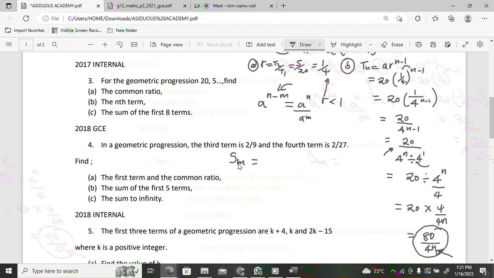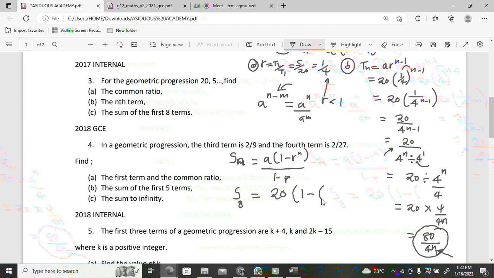So just by looking at the ratio, where is the ratio we found? It's 1 over 4. The ratio here is less than 1. Therefore, the formula we're going to use, sum of any terms is equal to a times 1 minus r to the power n, over 1 minus r. That's the one we're going to use. Why? Because the ratio is less than 1.